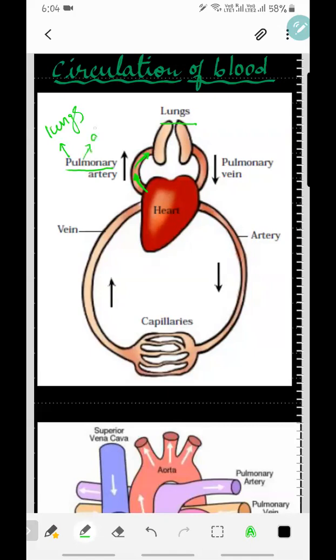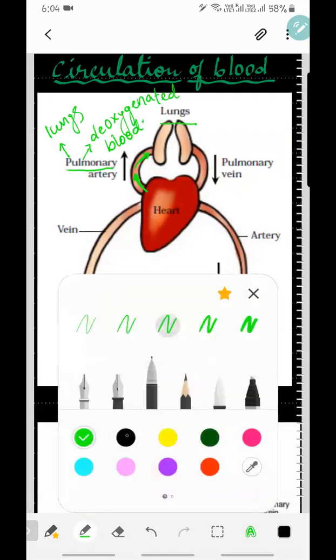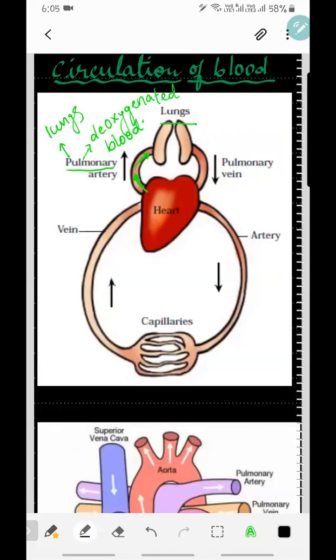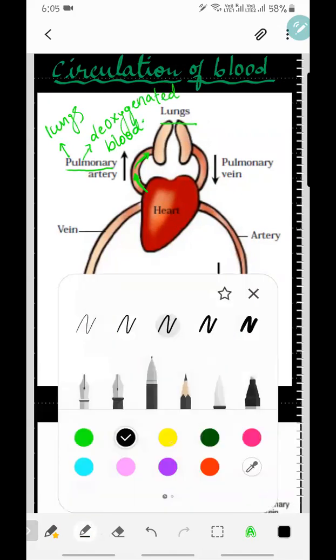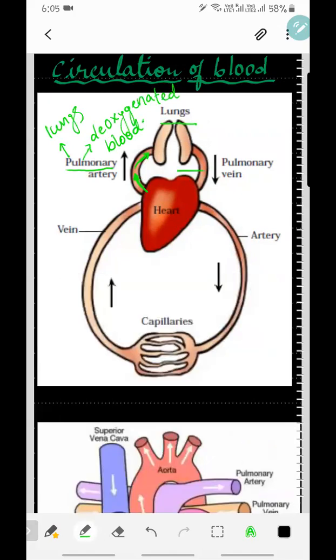Pulmonary artery carries deoxygenated blood. Okay, and then it will travel to lungs, and the O2 from atmosphere will enter into the lungs, and the blood will get completely purified, and then the blood will travel back to heart.